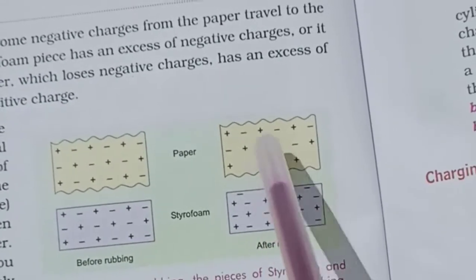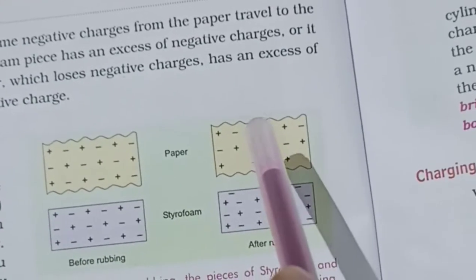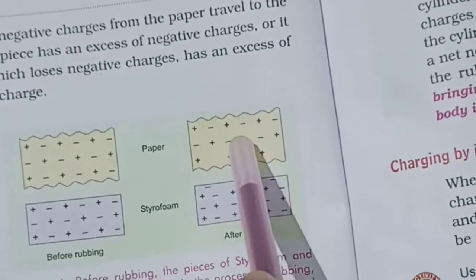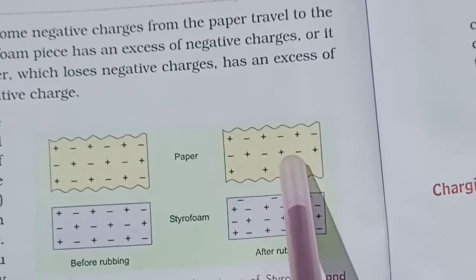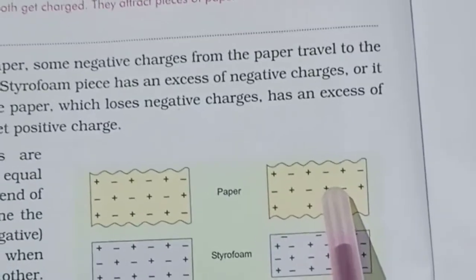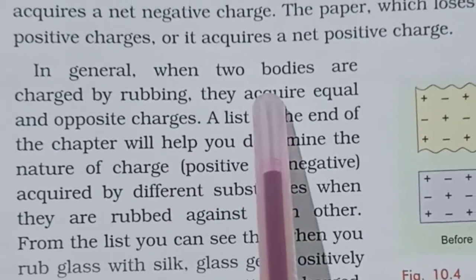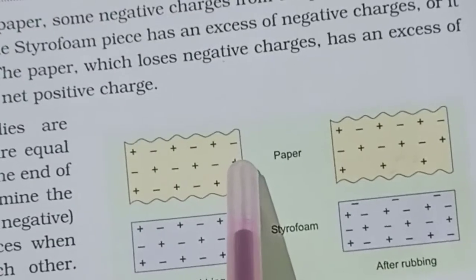This paper which loses negative charge has a deficiency of negative charge, but it has an excess of positive charge, so it acquires an overall positive charge. So it so happens that in general, when two bodies are charged by rubbing, they acquire equal and opposite charge. How does it happen? Now I think you all have understood.